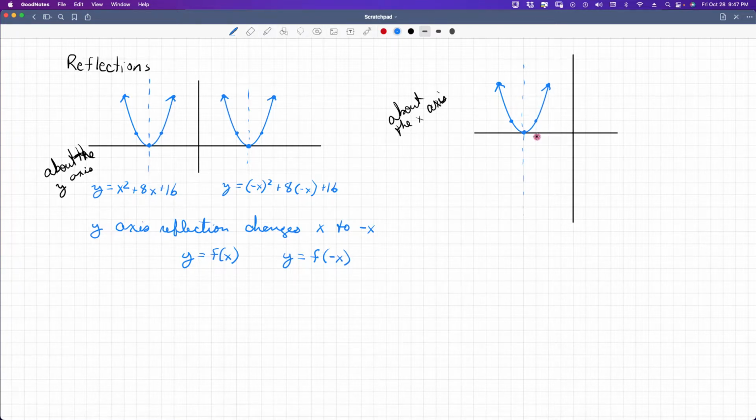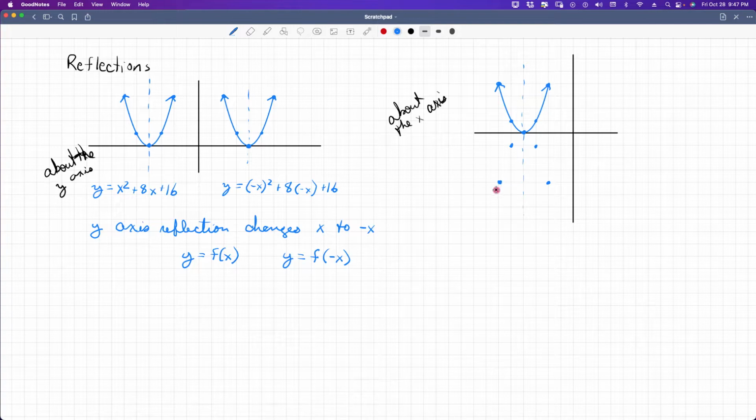So what happens now is, actually, I'm going to leave it. This will be fine. I have this, and I want to reflect it upside down. So I'm going to have a point here and a point here, and then 1, 2, 3, 4, a point here and a point here.